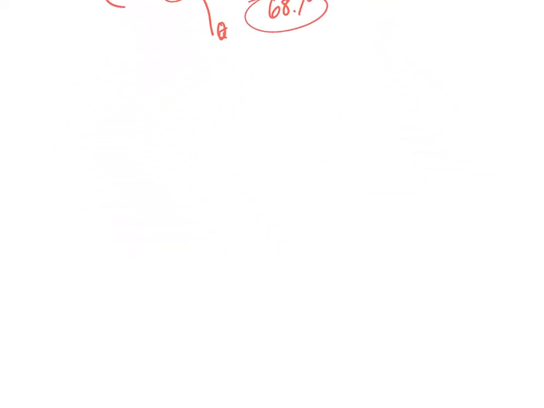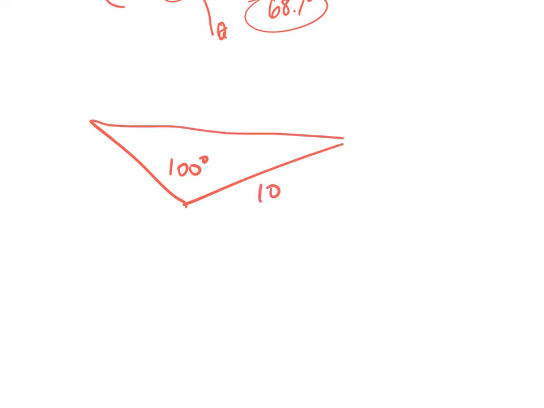Let's just do one more law of sines question. We're going to keep a nice, normal, this is going to be a 100-degree angle, and this side is going to be 10. And this side over here, I'm going to say 14.